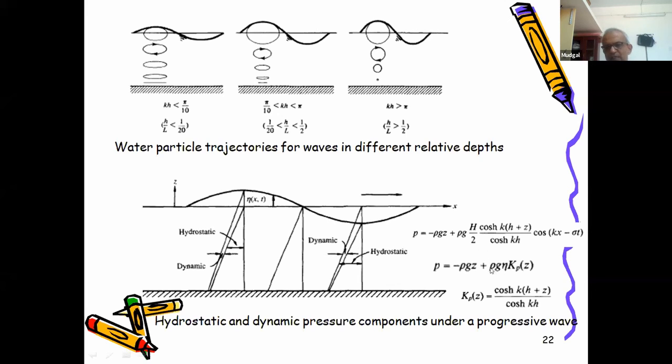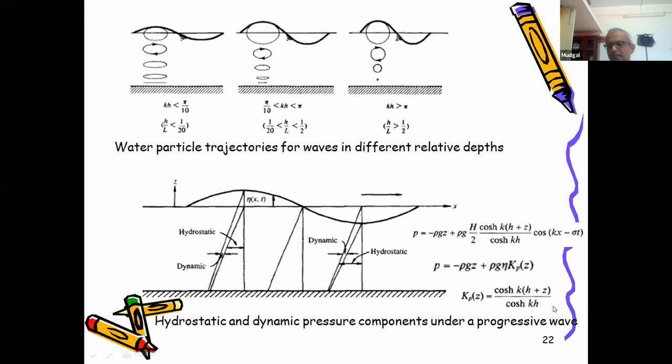And the other component is rho g eta, multiplied by Kpz. Eta is the displacement, so depending upon whether it is a positive or negative displacement, you have to substitute that here. And this Kpz is equal to cos of k(h plus z) by cos of kh, which is called the pressure response factor. This pressure response factor is important.